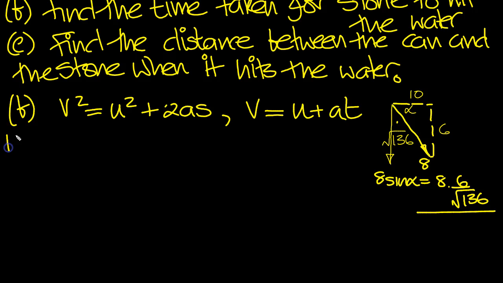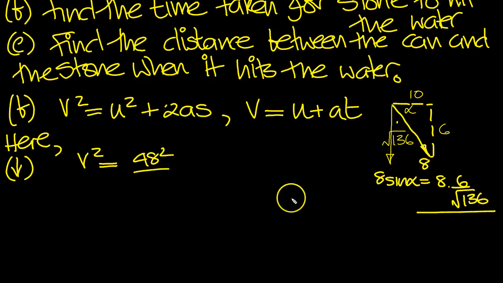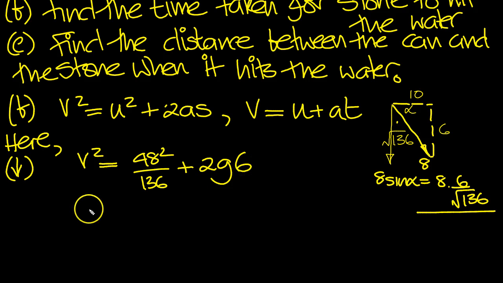So v squared, in the downwards direction, is equal to u squared, which is 48 squared over 136, plus 2a, where the acceleration is g due to gravity, times the distance s, which is the vertical downwards distance of 6.